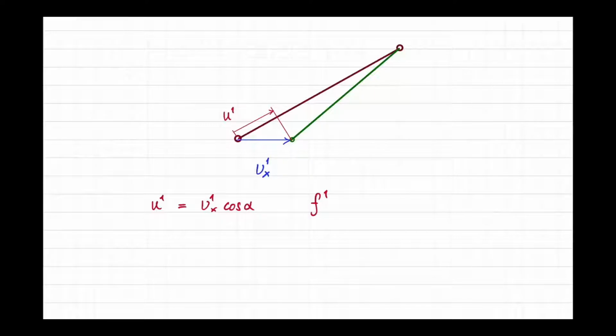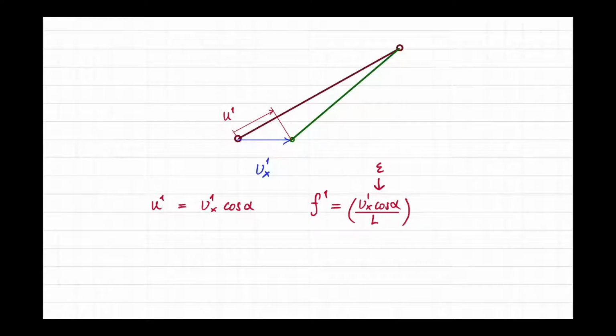You will need to, F1 equals to what? Strain first, right? If you want strain, you need the U1x cosine alpha divided by the length L, you get strain.